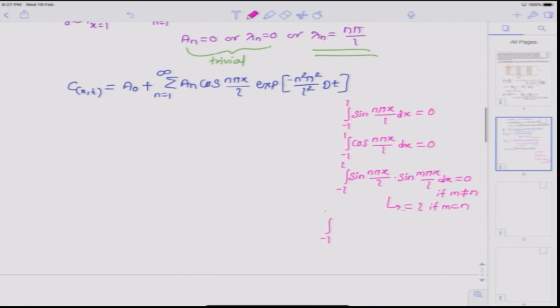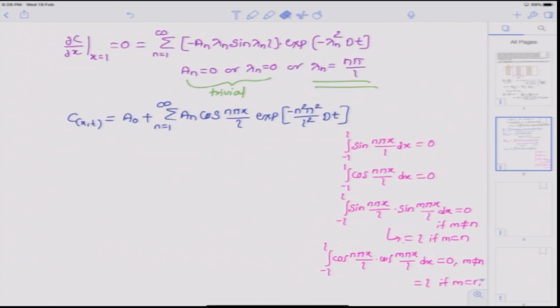Similarly, integral minus L to L cos n pi x by L times cos m pi x by L dx equal to 0 if m is not equal to n, and this is equal to L if m is equal to n. So, to make use of this, let us first denote this equation as equation 1.